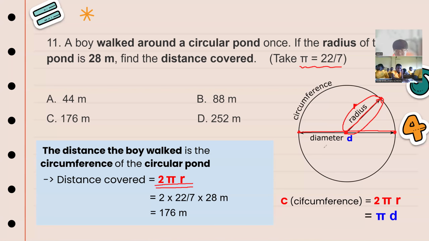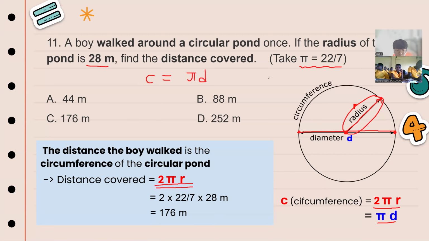I wanted to emphasize once more that circumference can be written as 2 pi r or pi d. If the radius was not given, if only the diameter was given, then the circumference would just be pi d.